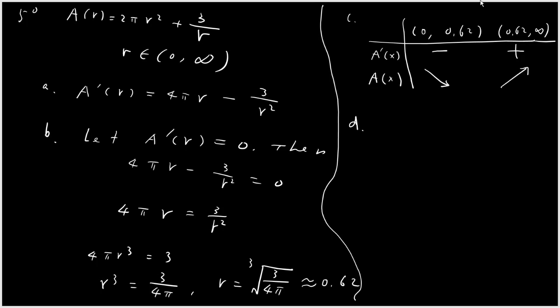Now the table confirms 0.62 is indeed the location of the absolute minimum. Mathematically you can say, A of R, the surface area, so do not lose track of the meaning, A of R, the function, is minimized when the base radius R is equal to 0.62.